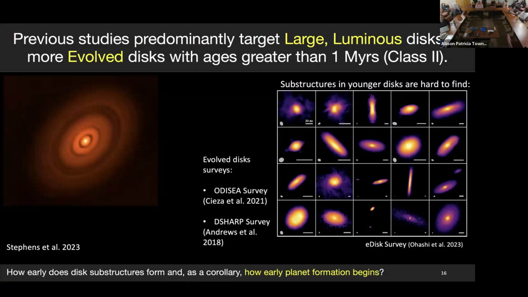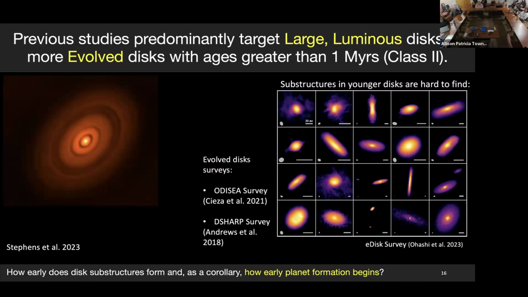Just a similar question: would HL Tau at this sensitivity and resolution show the substructure? The resolution for eDisk is around 7 AU, and HL Tau was observed at higher angular resolution, around 3 AU, so there's a factor of 2.